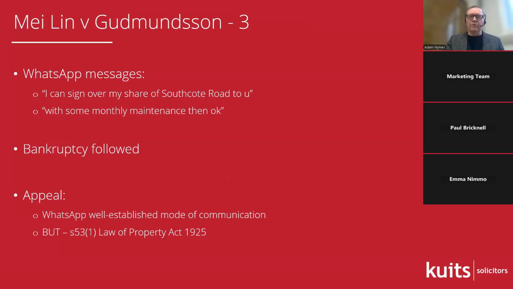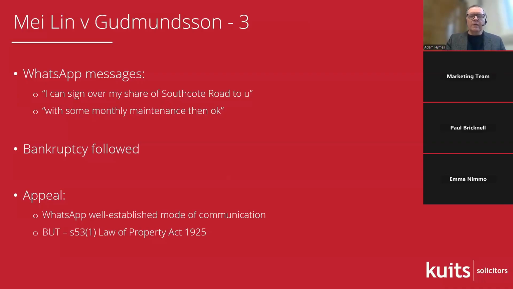Unfortunately for both parties, bankruptcy followed, and what I mean by that was Mr. Goodmanson was made bankrupt, and that obviously impacted him, but also had an impact on the relationship with his former wife and the question of whether a property contract had arisen.